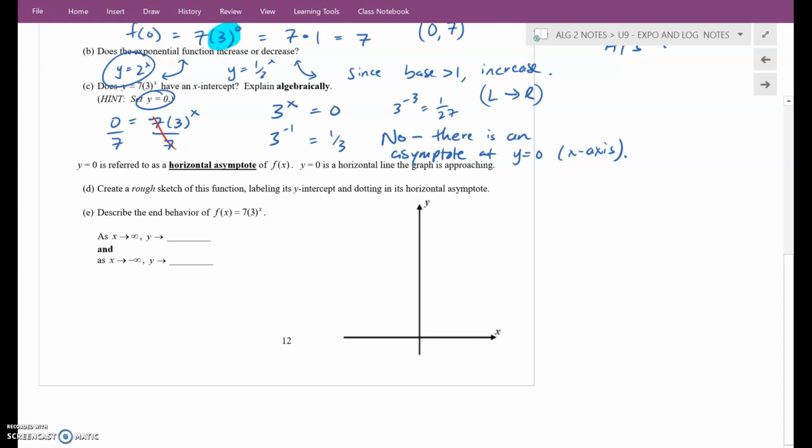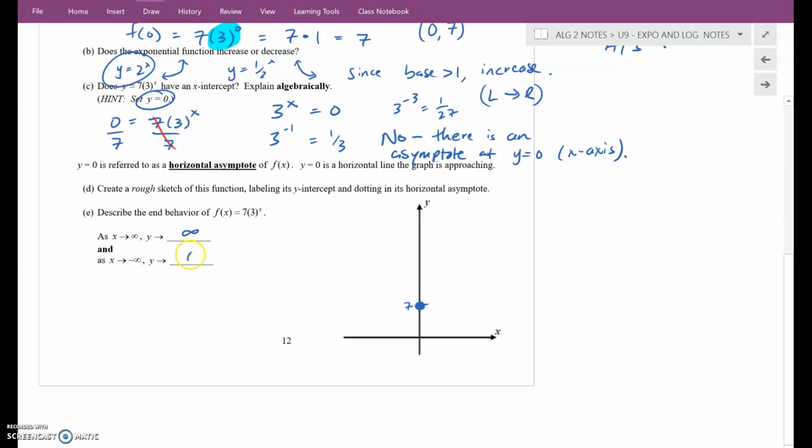Y equals 0 is a horizontal line. The graph is approaching it. We're going to create a rough sketch. To create a sketch here, I'm going to begin with the fact that the y-intercept is (0, 7) that I found up above. Since it's a sketch, I'm just going to mark it roughly here. And what else do we want to show? That it's increasing to the right. As x approaches infinity, y approaches infinity, but as x approaches negative infinity, you would think negative infinity.